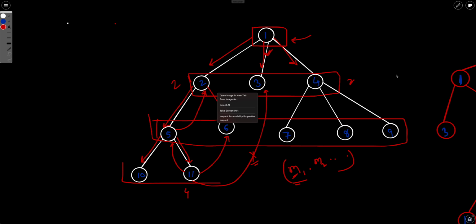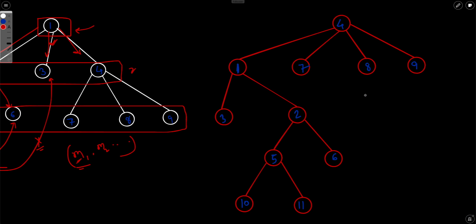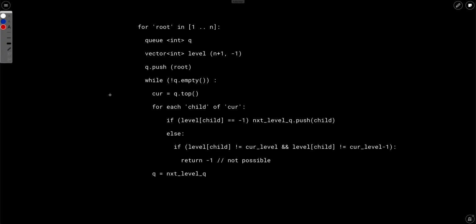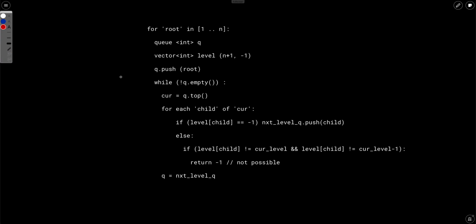Let's look at the pseudocode for this. Currently we haven't relaxed the constraint that the graph is connected, and it is very simple to handle the disconnected case, we'll look at it later. For now let's look at the pseudocode where we have a connected graph, and we need to find the maximum value of m. So we are trying out every possible root, and now we are doing BFS. This is standard BFS code.